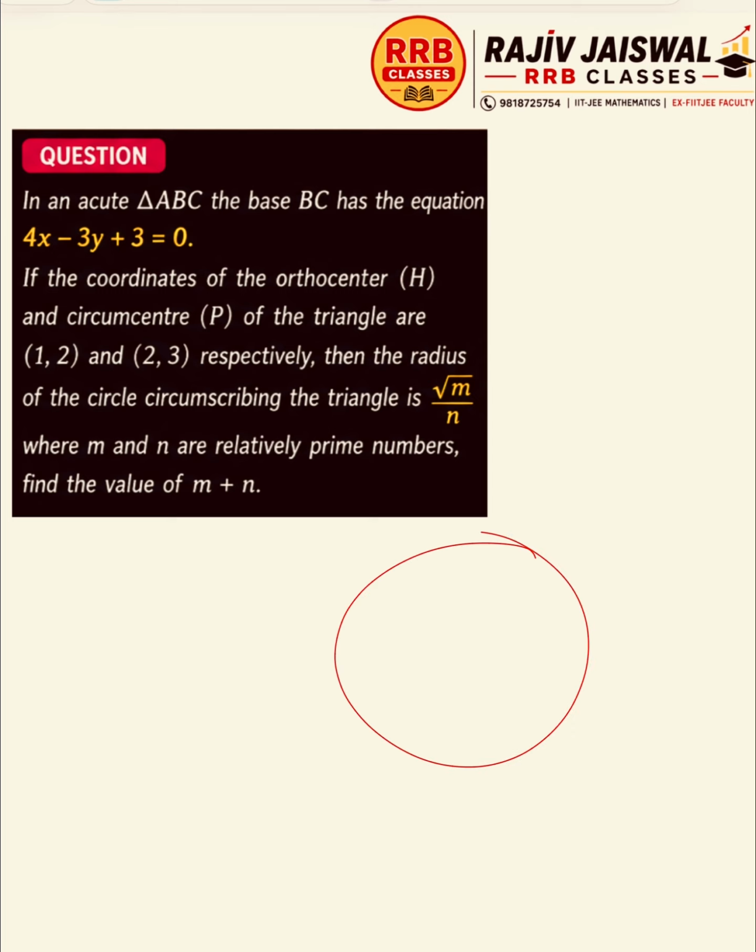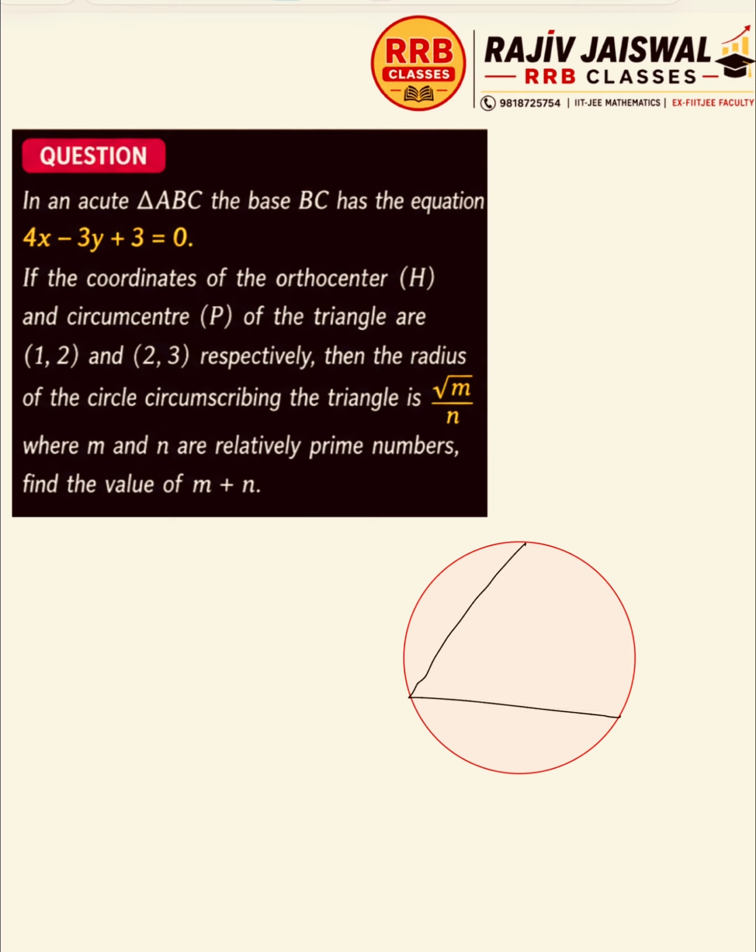Let the circle be this. Now take a triangle. This is the circumcircle of this triangle. Now what is given? The orthocenter is given, and the center of the circle is known. We have to find the radius of the circle.